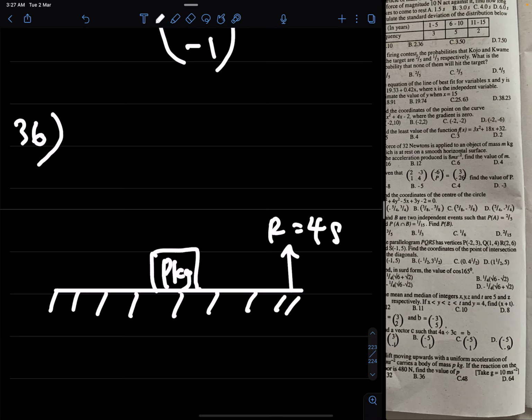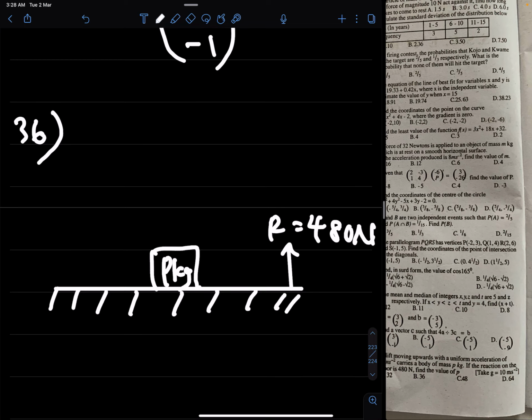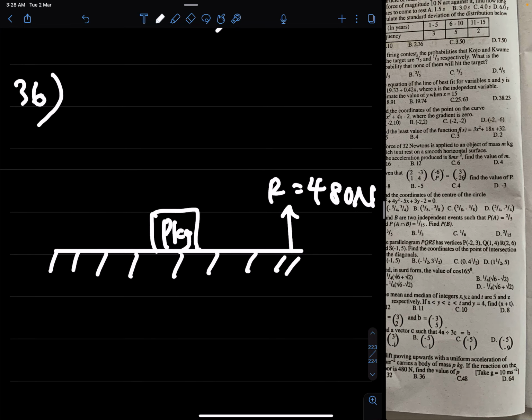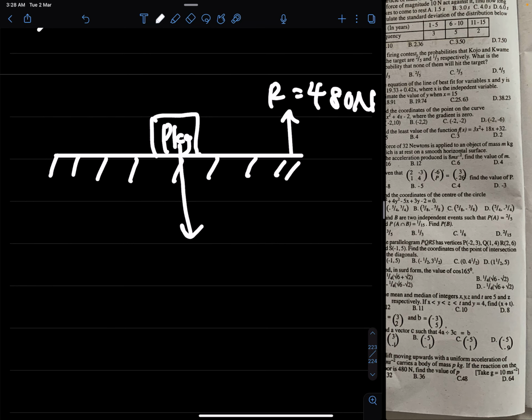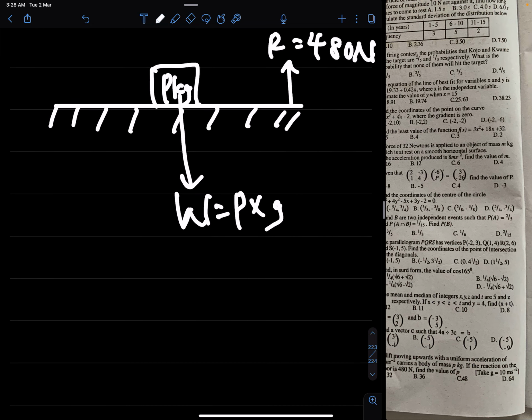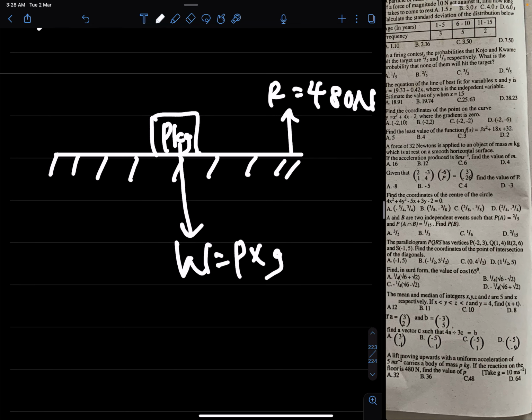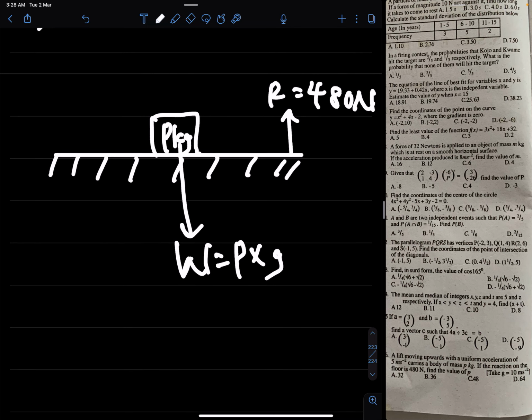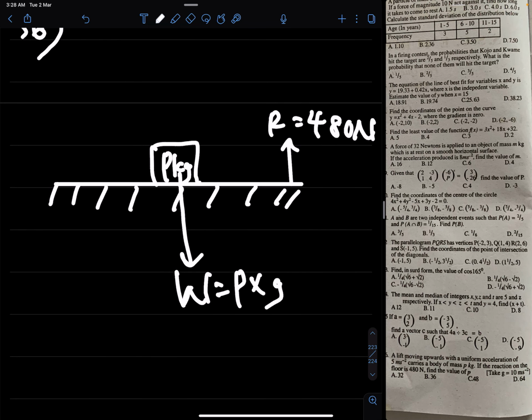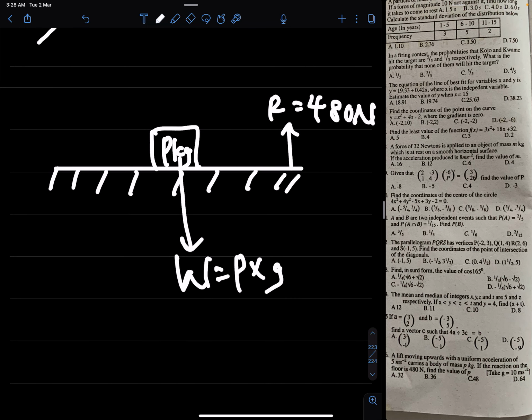R equals 480 newtons. Okay, I know that the weight of the body acts downwards, and it's mg, mass times acceleration due to gravity, that's p times g. Find the value of p. If there's an acceleration, that means the force opposing that upward movement is the weight.